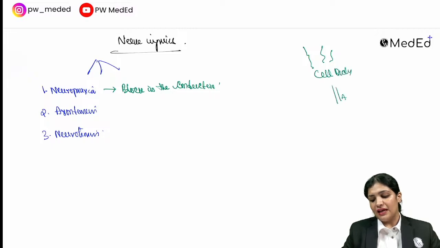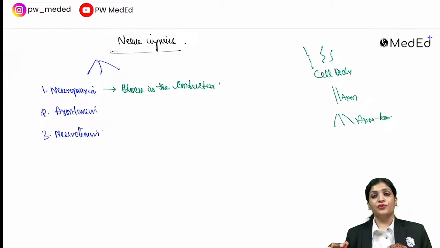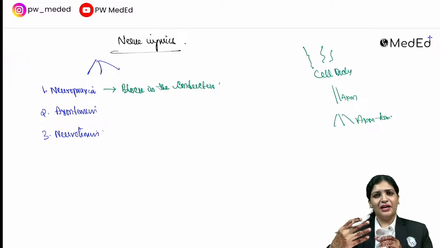This continues as the axon, and then you have your axon terminals, right? So here the axoplasm flows in the axon. So this flow is obstructed, or there is a block to this axoplasm flow. So whenever there is a block in this flow, no signals are passed from nerve to nerve, right? So there is a block in the conduction.